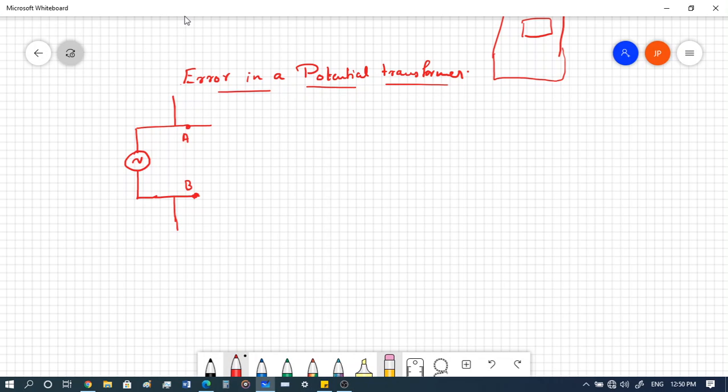A similar equivalent circuit will come up for the PT as well.